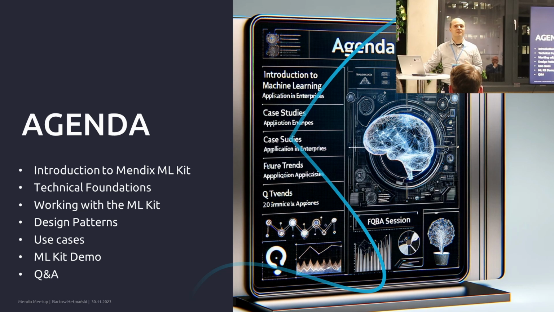Please note, I'm not a machine learning expert. I know almost nothing about how models work inside, right? I know how to integrate them. I know how to make them work in the Mendix application. But I won't explain how the model works in detail. I just know the input and output of the model, and I treat the machine learning models as a black box.